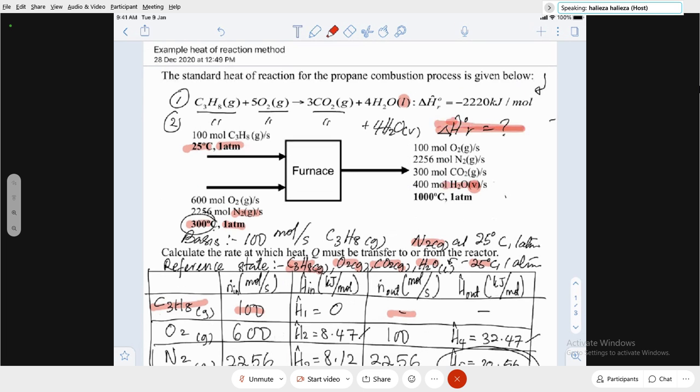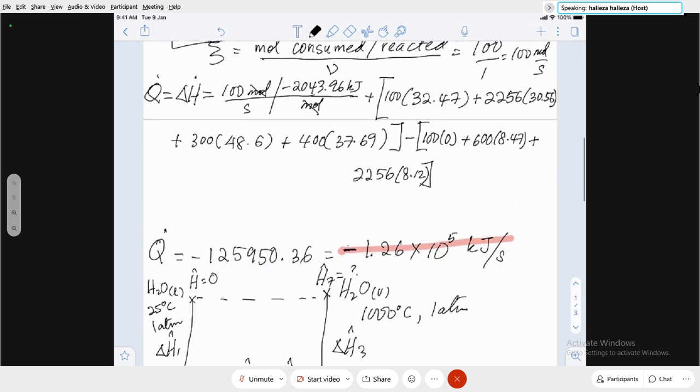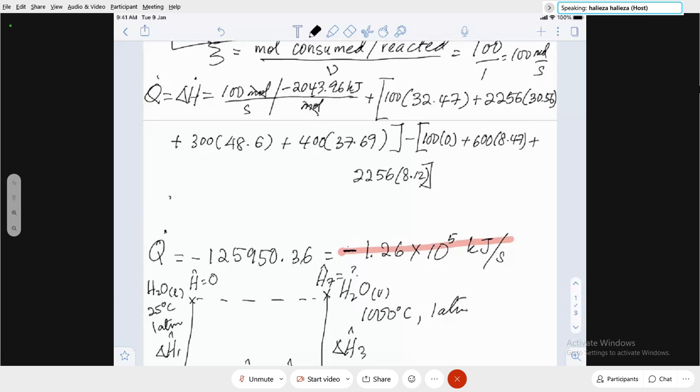Because the equation, when you're using the heat of reaction, the equation to solve for your Q or your heat is equal to the change in the enthalpy, which is equal to the extent of reaction times the heat of reaction. So you really need to know your heat of reaction in order to use this method, which is the heat of reaction method.